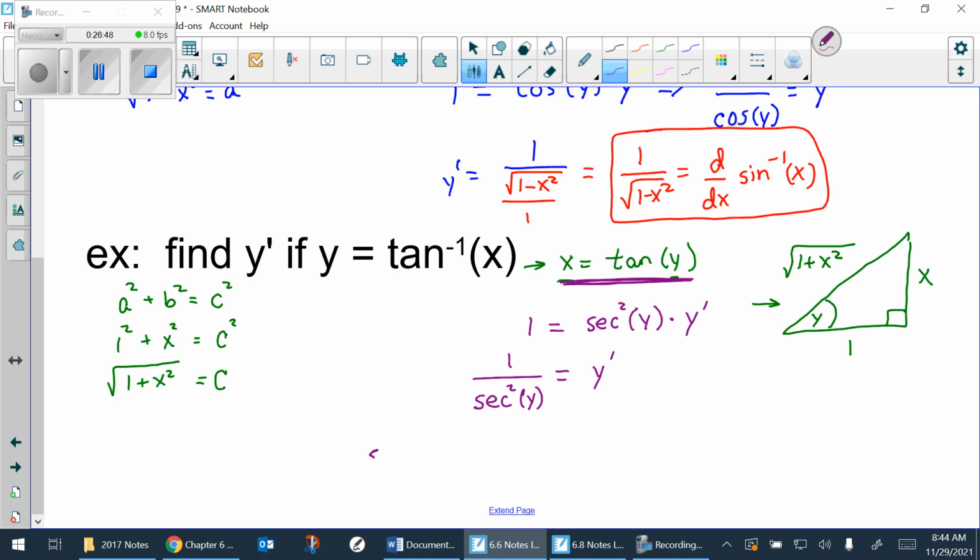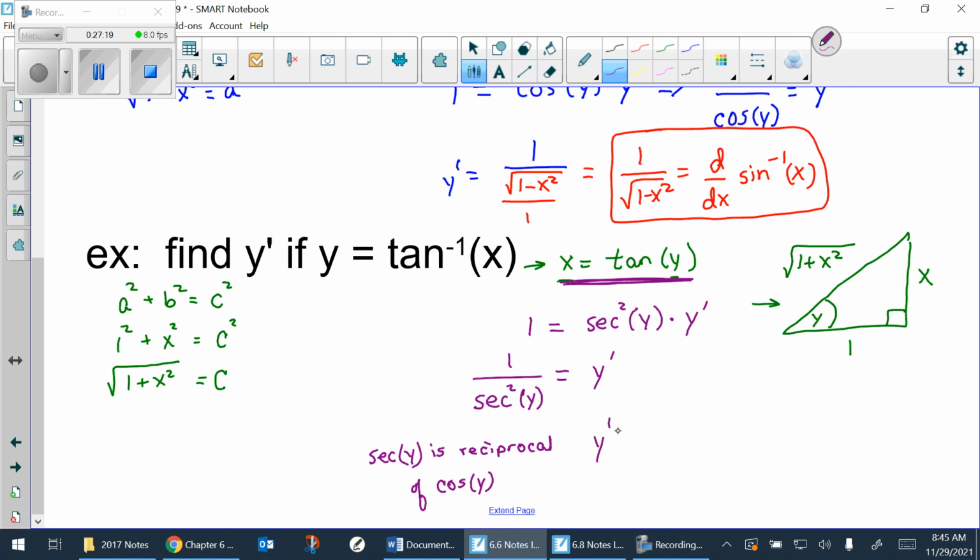I know secant is the reciprocal of cosine. Secant y is the reciprocal, or 1 over cosine of y. So I'm going to start to be thinking about secant here.